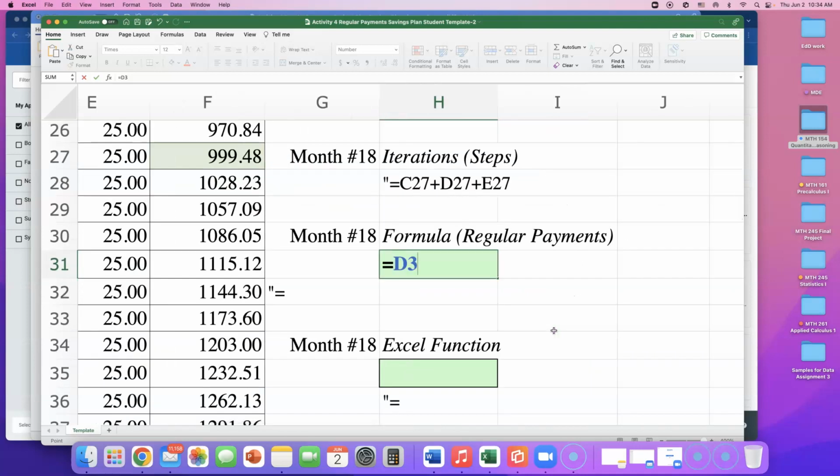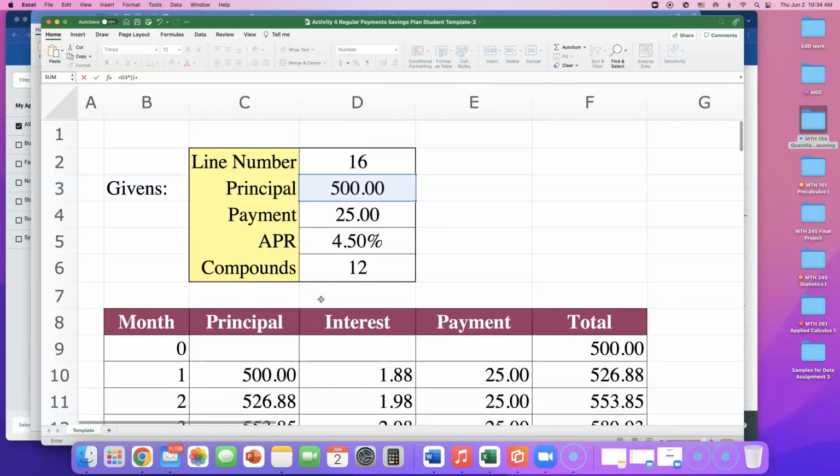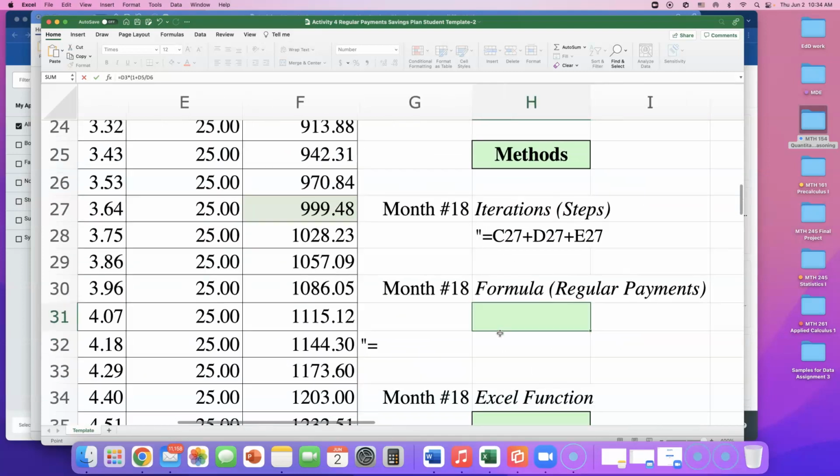So equal sign D3. We're going to multiply this by 1 plus APR over N. APR is D5, 4.5%, divided by N, okay? And this is the compounding formula, right?